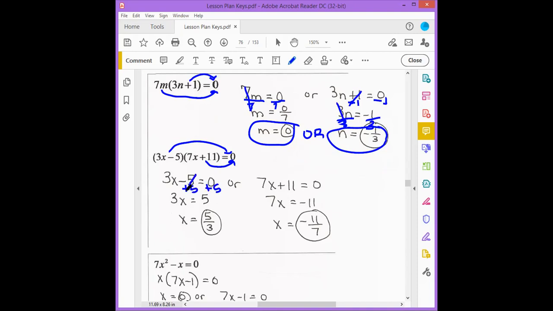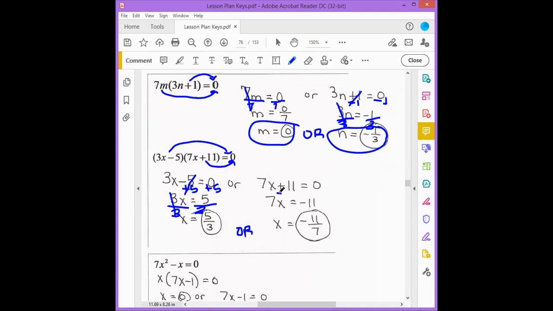We'll get 3x, because the 5's will cancel on the left side, equals 0 plus 5, or 5 on the right side of that equation. And then we're going to divide both sides of the equation by 3. The 3's will cancel on the left side, leaving x equals 5/3.